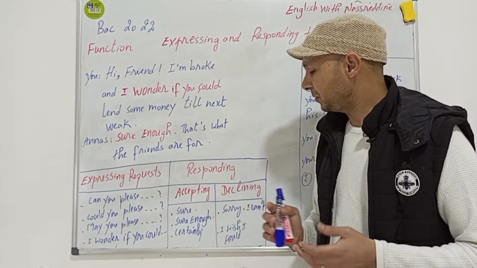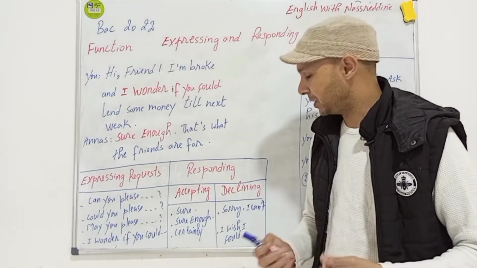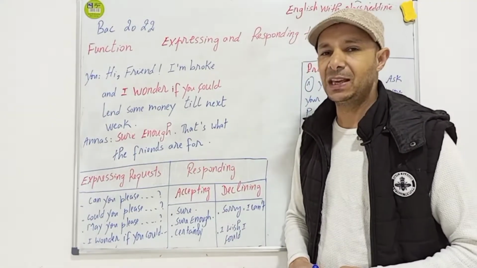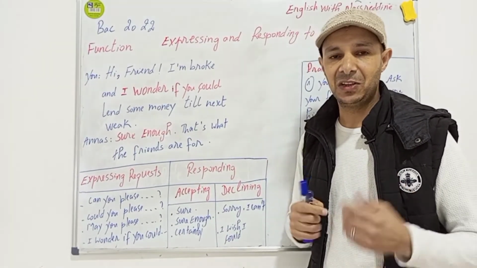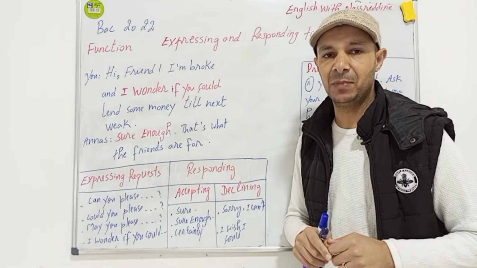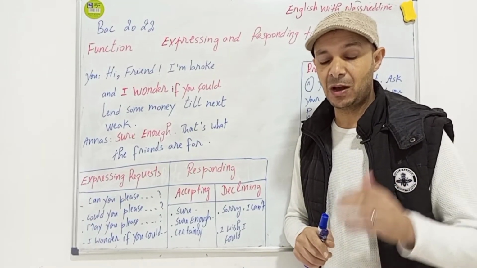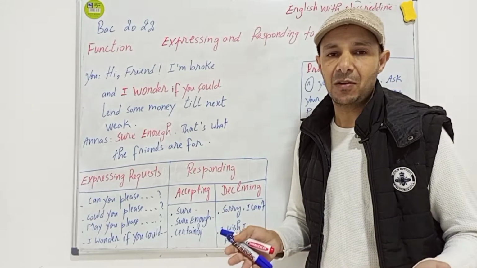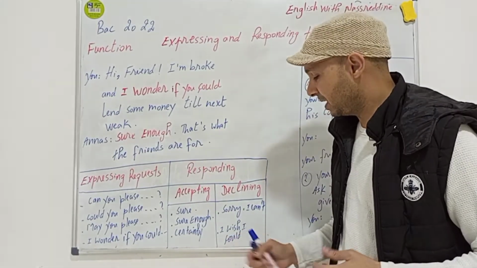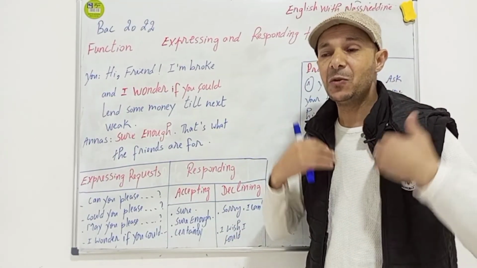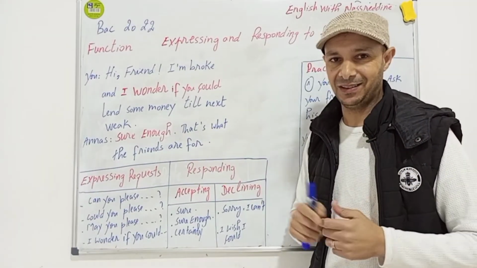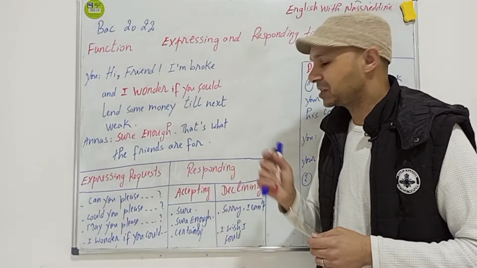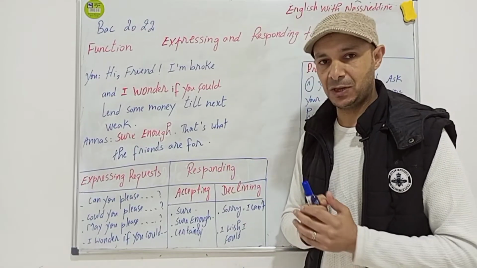Now, if you decline the request, you can say sorry, I can't. For example, I can ask you to lend me some money, and you don't have money. We are in the same boat. You say sorry, but I can't. You can say I wish I could, but sorry, I can't. So these are the expressions that we can use to respond to requests.